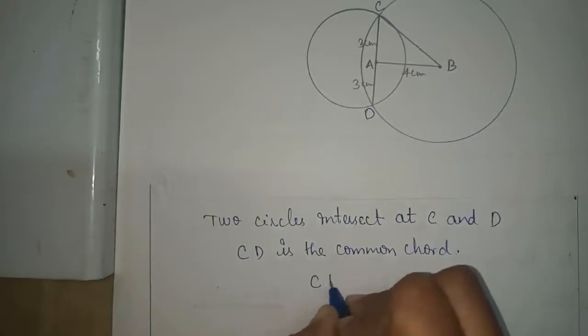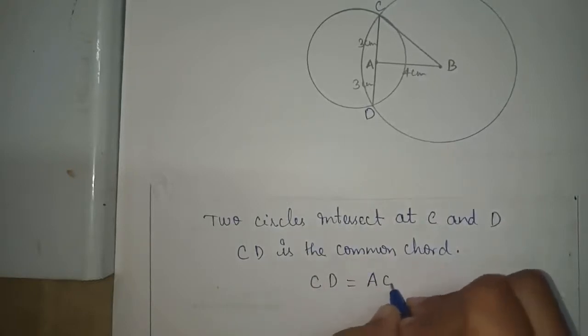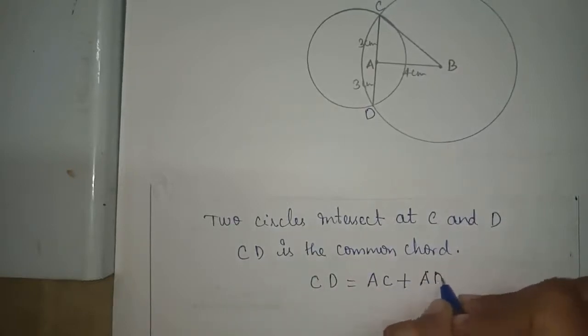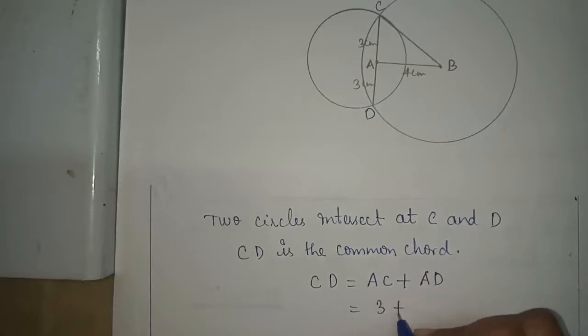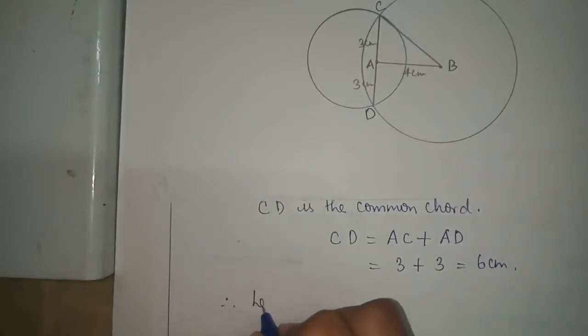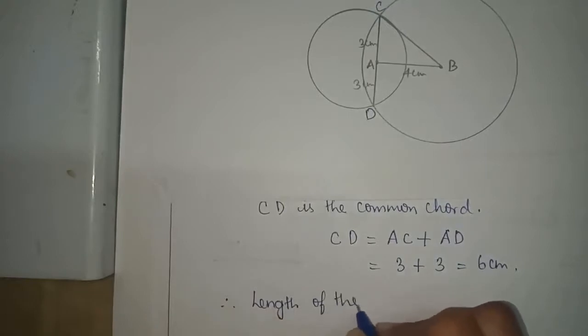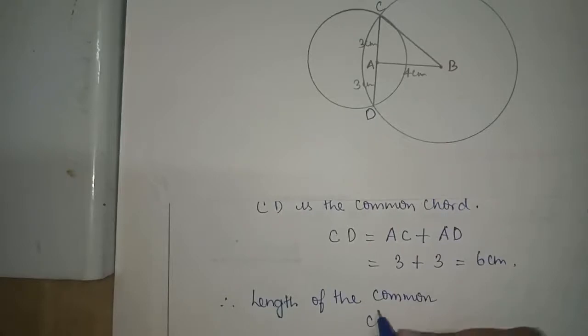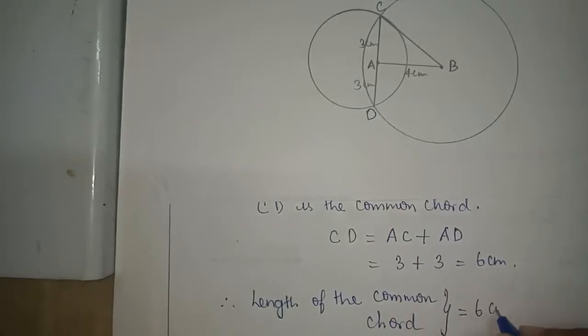So CD is equal to AC plus AD, which is equal to 3 plus 3, is equal to 6 centimeter. Therefore, the length of the common chord is equal to 6 centimeter.